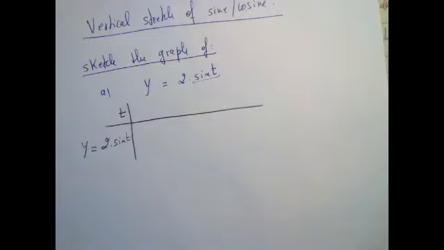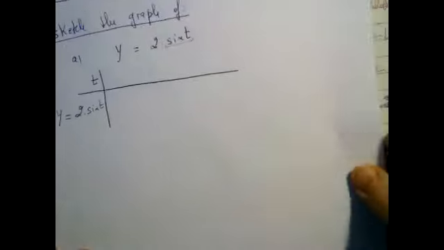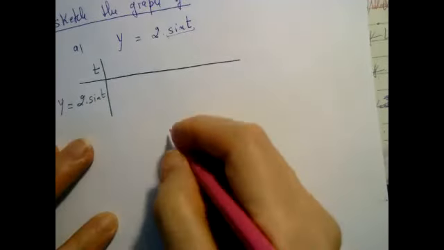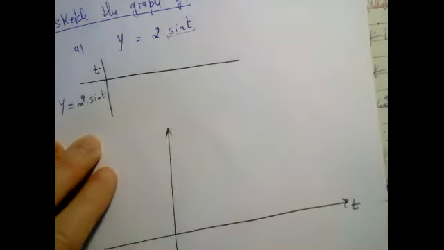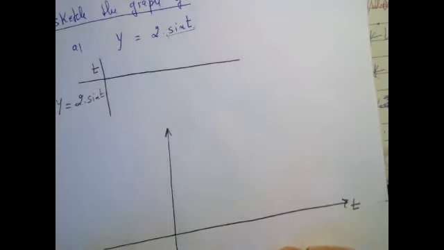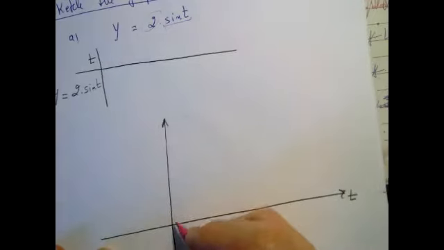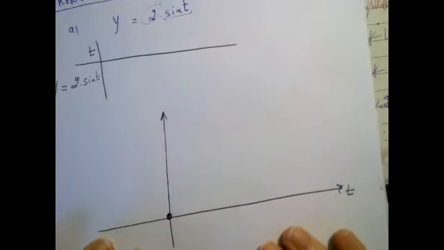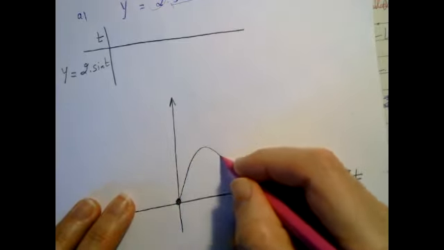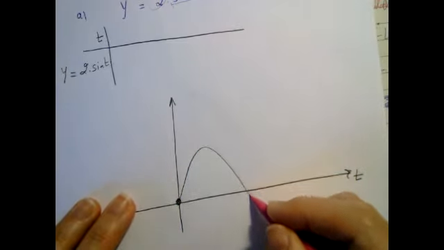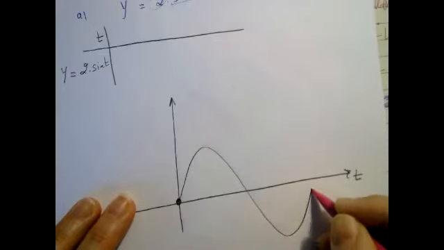What's going to happen when I multiply the sine by 2? So I'm going to find values. At the same time, I'm going to sketch the graph. So right here, I'm going to start sketching. Before I sketch 2 sine t, I'm going to sketch the graph of the sine function, and then we're going to see what's the relationship between them. So the sine function starts right here at 0. Let's go up. It goes down. That's the sine. Back up here.